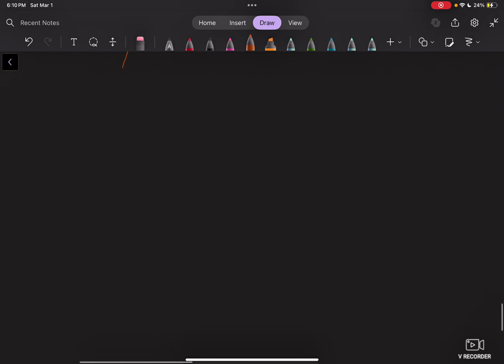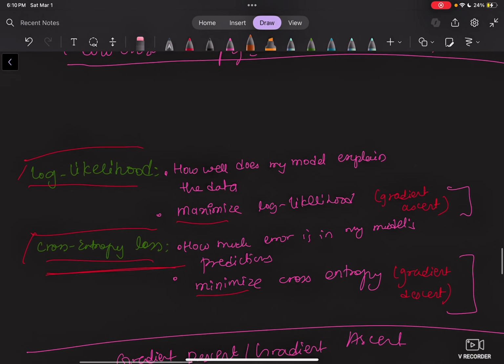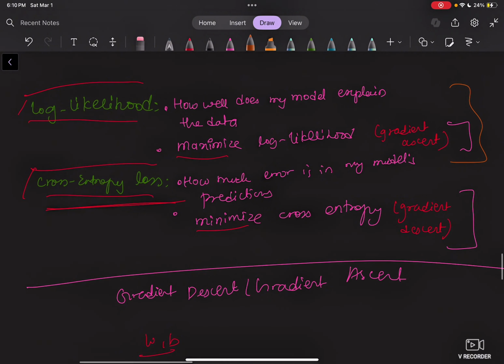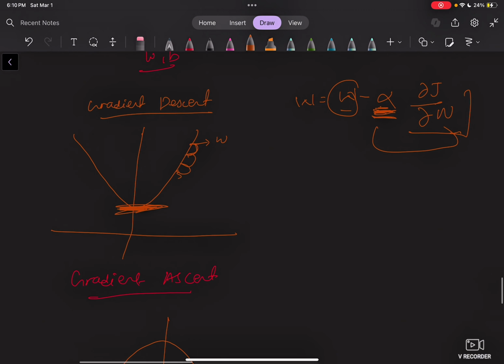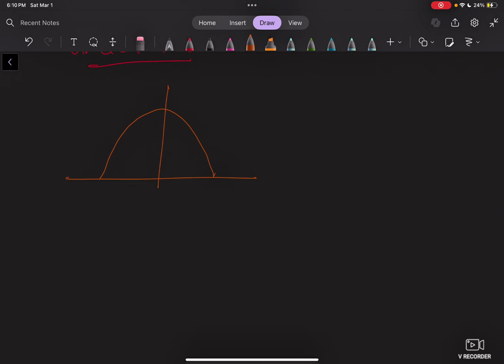And then in gradient ascent, on the other hand, it's the opposite. In gradient ascent, instead of minimizing loss, we are maximizing how well the model explains the data. So what does that mean? We take our likelihood function, our log likelihood function, and now we want to increase this function to improve our model. So we use gradient ascent, which moves uphill this time instead of moving downhill.